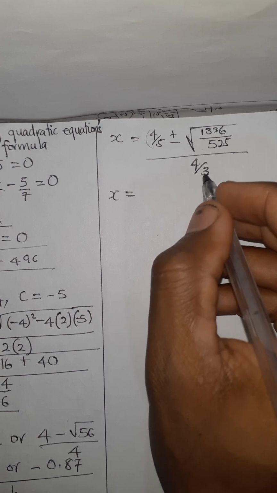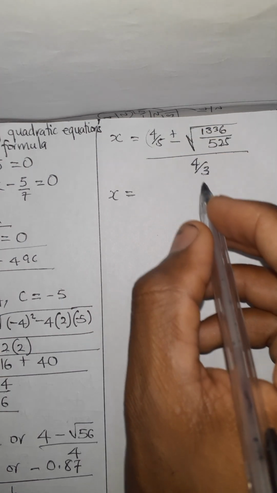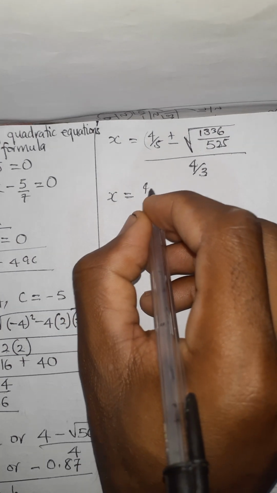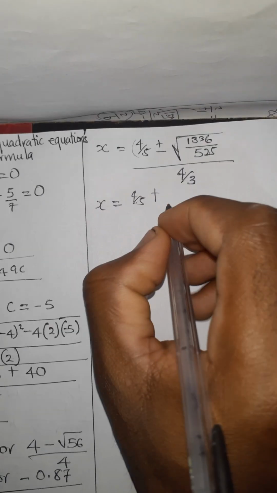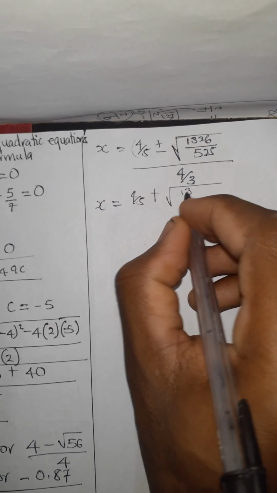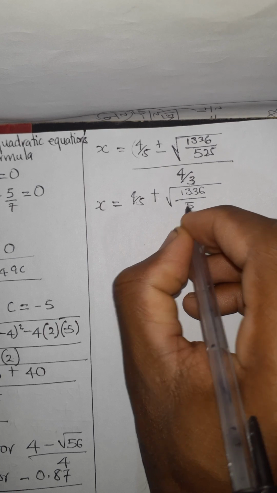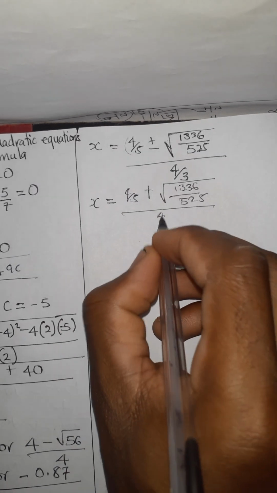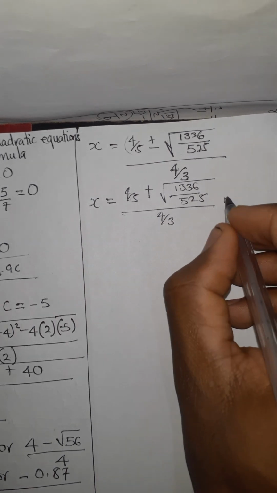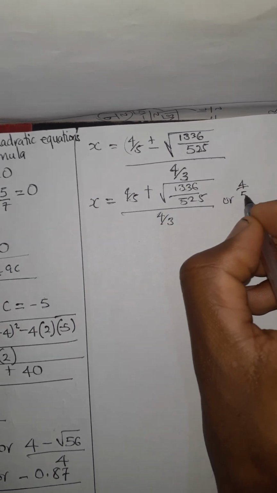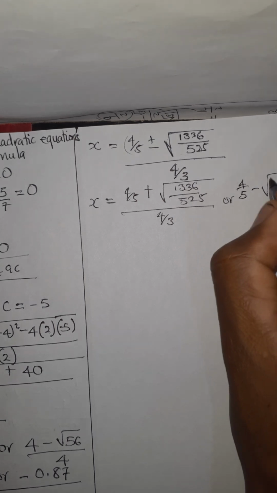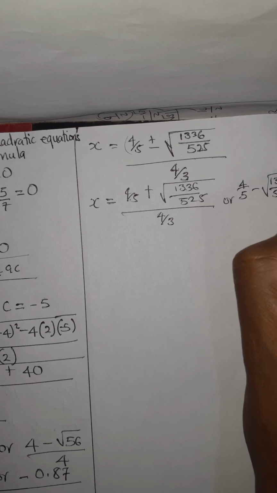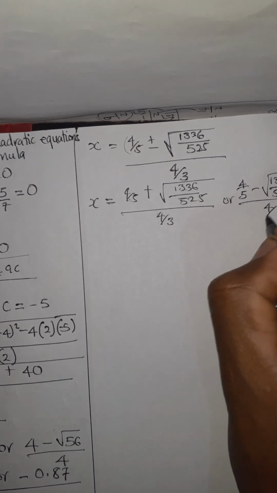So to write this in fraction form, we get 4 over 5 plus the square root of 1336 over 525, this one over 4 over 3, and 4 over 5 minus the square root of 1336 over 525, the whole of this over 4 over 3.